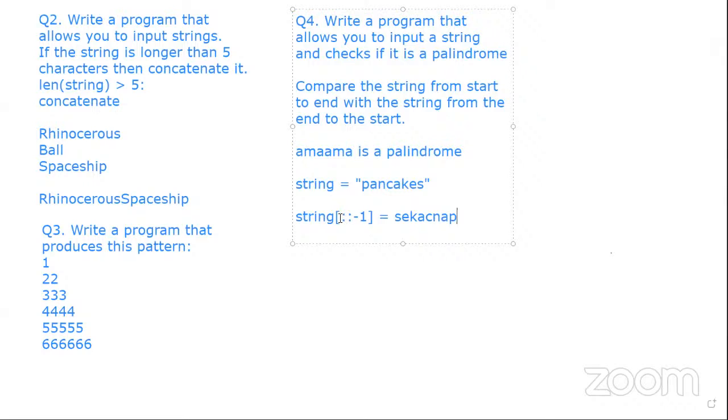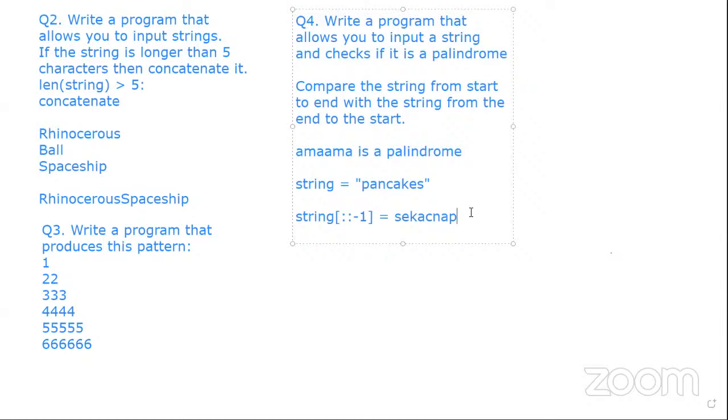Now, basically what this does is it starts from the end and it goes all the way to 0 and it decreases by 1. So usually in a substring, when there's a third colon, a third space for the substring, it's usually how much you move by.